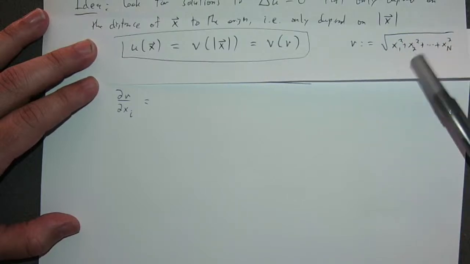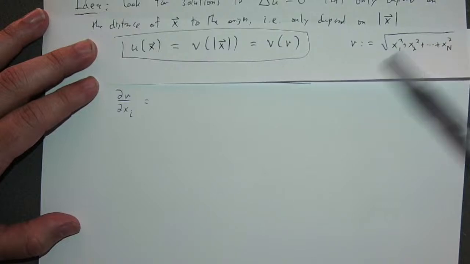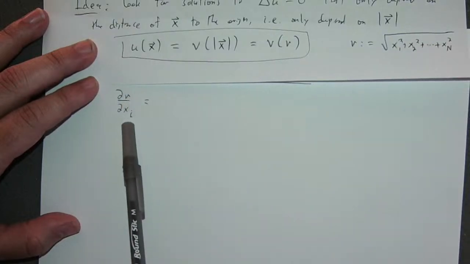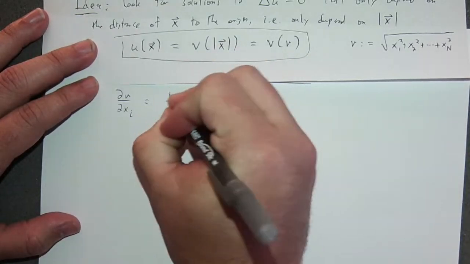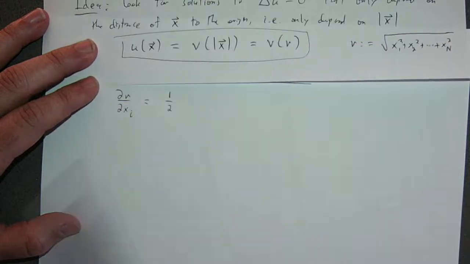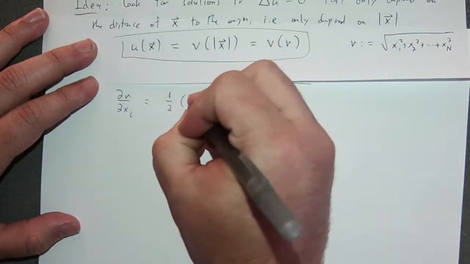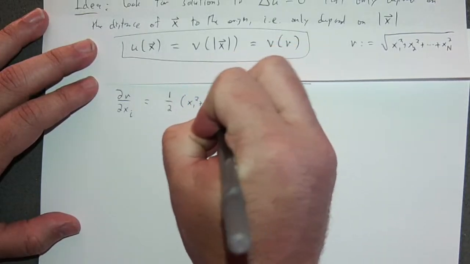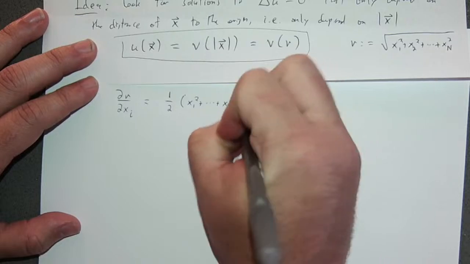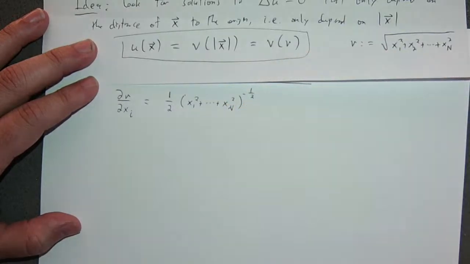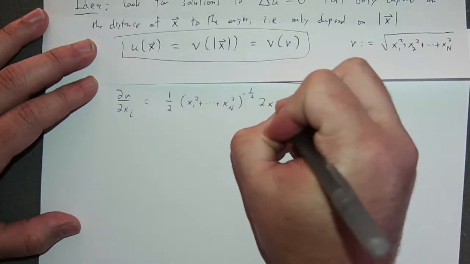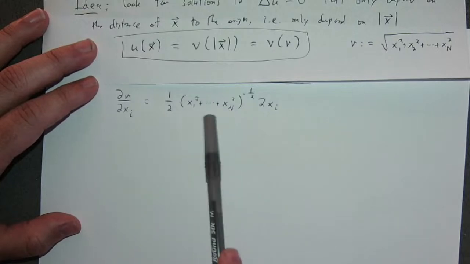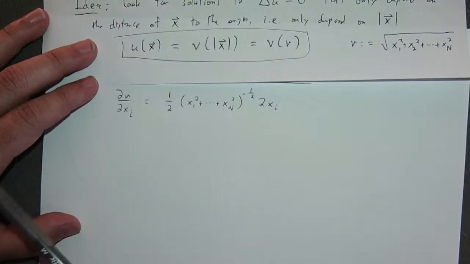Taking the derivative with respect to an individual x sub i gives 1/2 times this same expression raised to the minus 1/2, so x1 squared plus dot dot dot x sub n squared raised to the minus 1/2, times 2 x sub i, the partial derivative of what's inside with respect to x sub i.